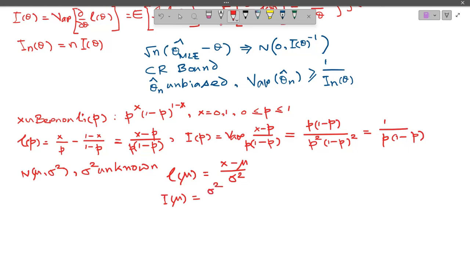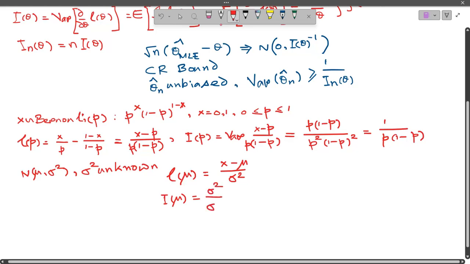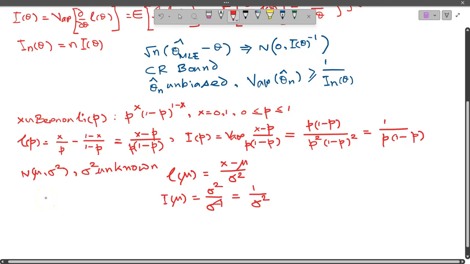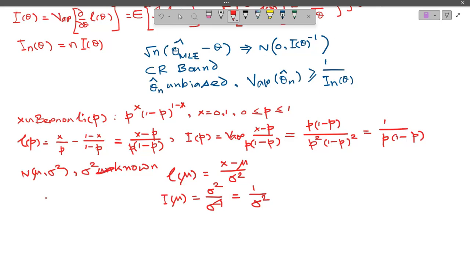So this becomes sigma square by sigma to the power 4, which is nothing but 1 by sigma square. So for a normal mu, sigma square variate with sigma square known, the Fisher information I mu of mu is nothing but 1 by sigma square. Thank you. I'll stop here.